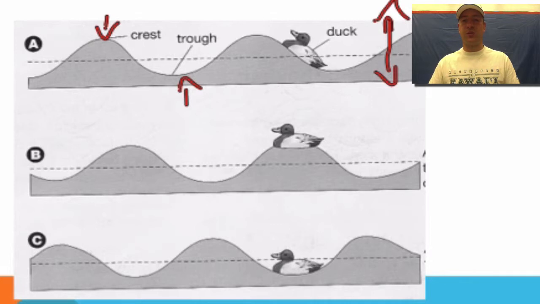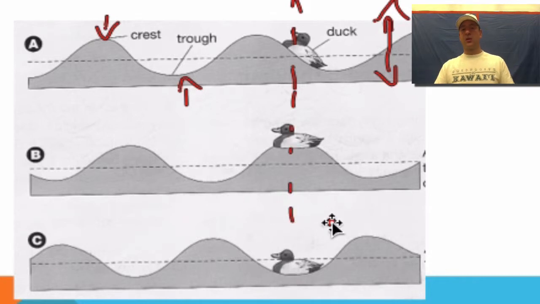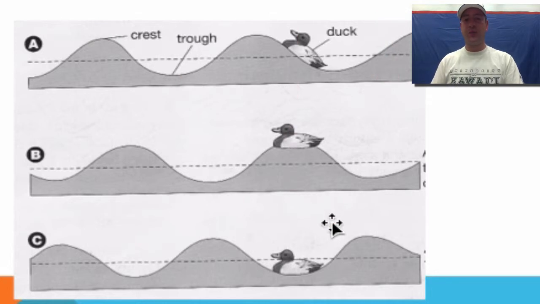If you just look at the position of the duck right now, if I was to draw a line straight through the duck all the way down, then you can see that it's in the same position, so it's not moving side to side or horizontally. So that duck is just going to move up and down with the wave, but remember, the high point is the crest, the low point is the trough.